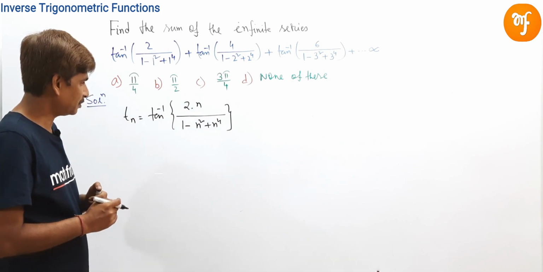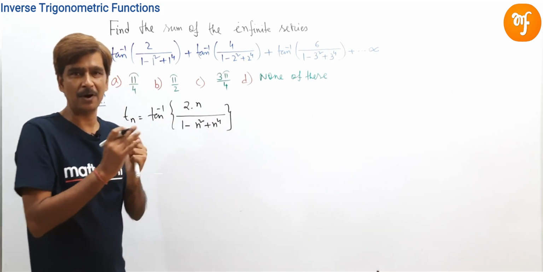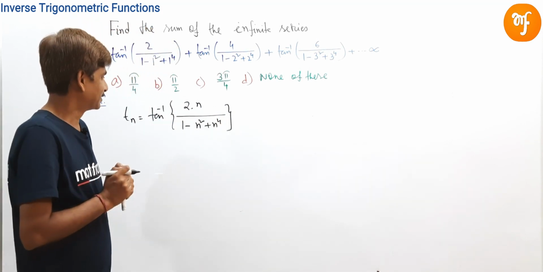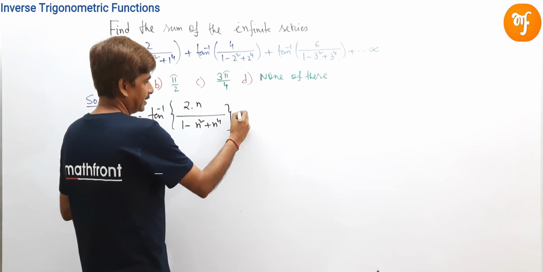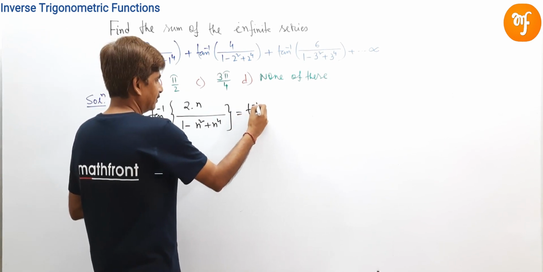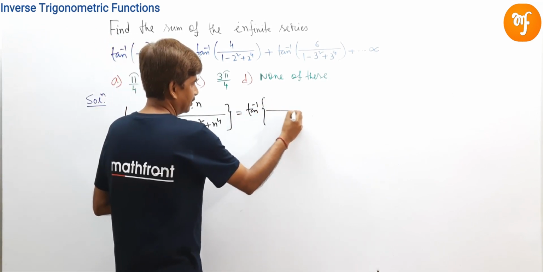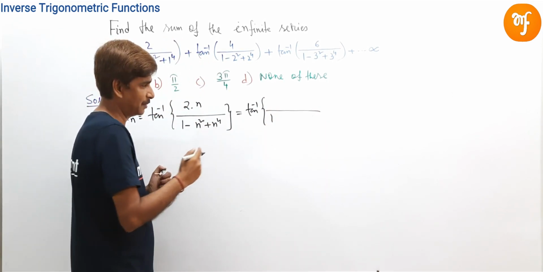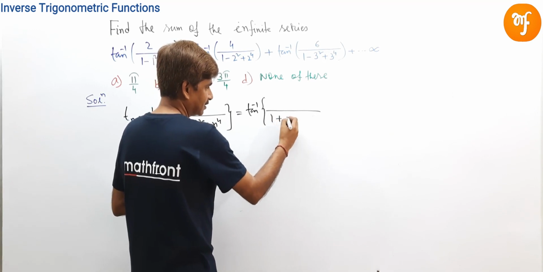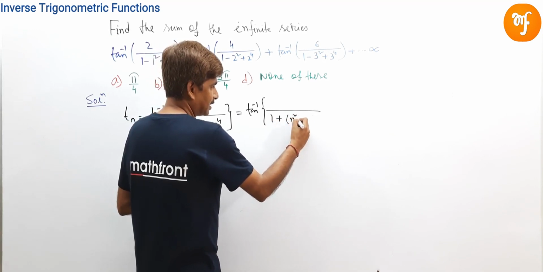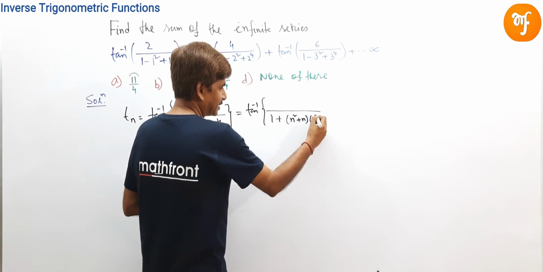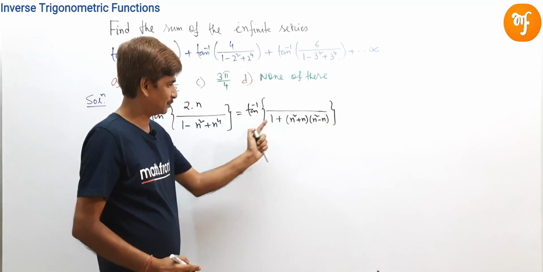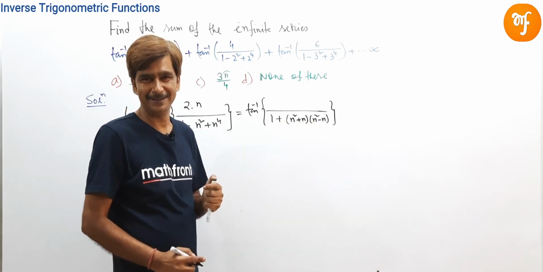Now we have to arrange this Tn in the form of tan inverse of x minus tan inverse of y. So how can we arrange? Tan inverse of this 1 minus n square plus n to the power 4 can be written as 1 plus n square plus n into n square minus n. So look, this is 1 plus x into y.